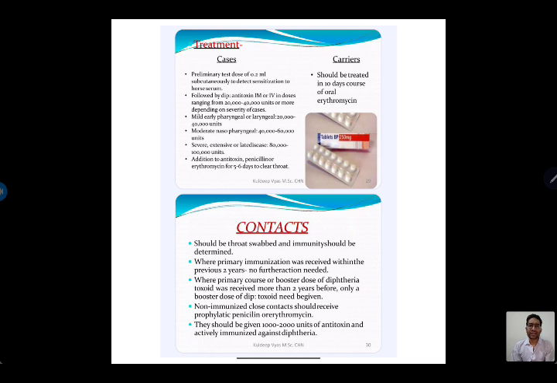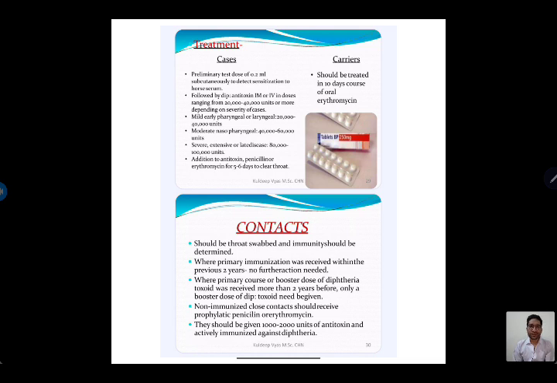Moderate nasopharyngeal: 40,000 to 60,000 units. Severe, extensive or late disease: 80,000 to 1 lakh units. In addition to antitoxin, penicillin or erythromycin for 5 to 6 days to clear the throat. Carriers should be treated with a 10-day course of oral erythromycin.